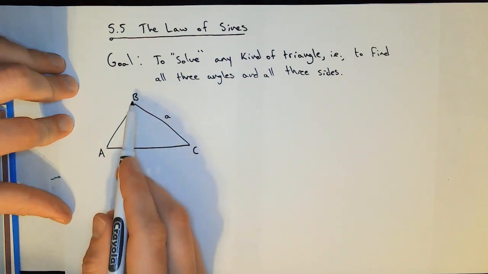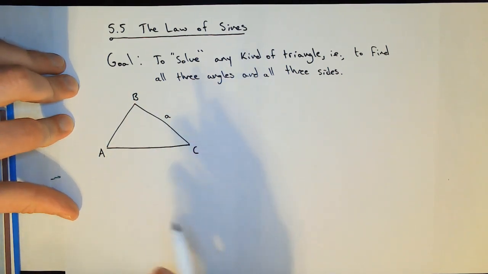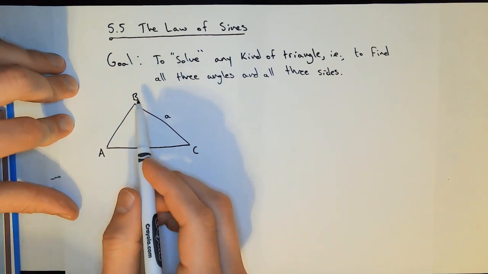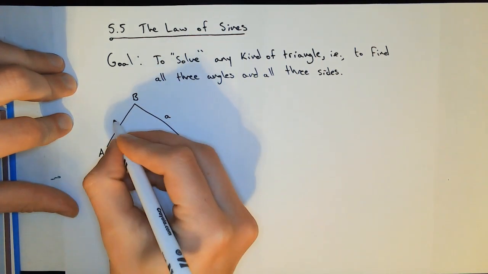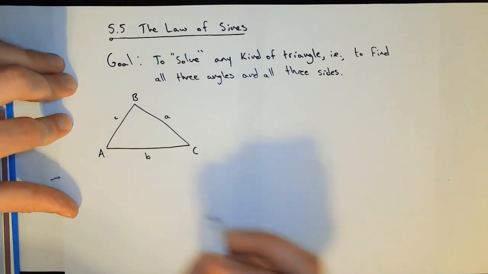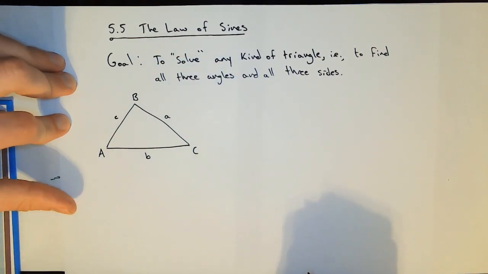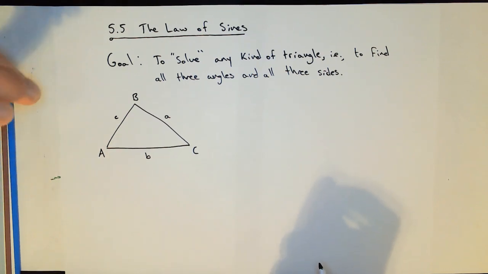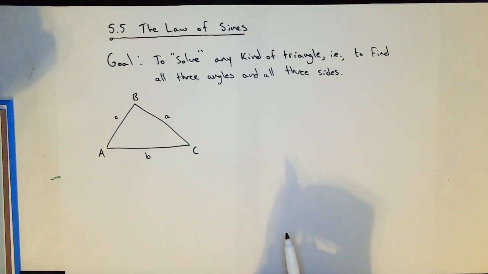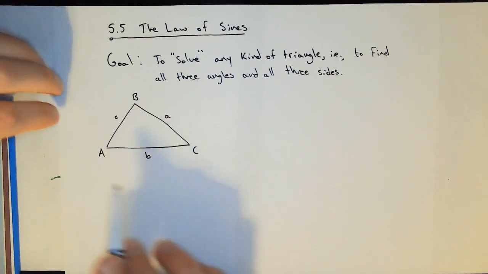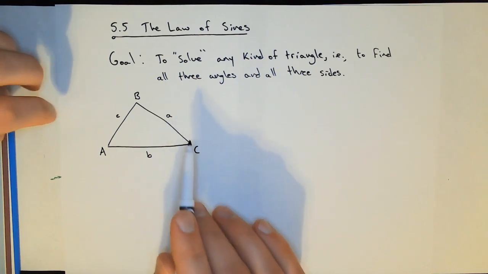I want the letters to be opposite of one another, just for the sake of the formula I'm about to write down. Opposite to angle B, I'm going to have side b, and opposite to angle C, I'll have side c, using lowercase letters. What the law of sines tells us is it gives us a ratio to compare the sine of the angle versus the side length opposite to that angle.